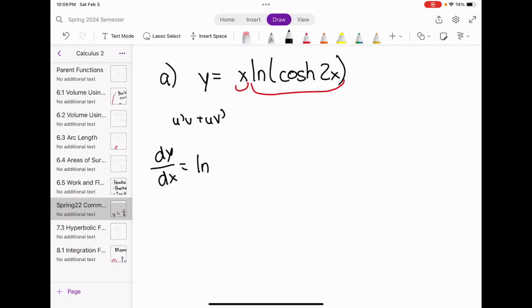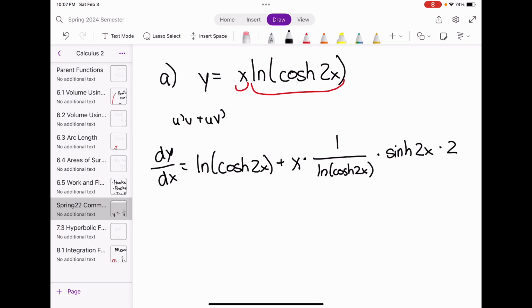So dy over dx is equal to, so the derivative of x, actually I think I could just rapid fire this part. So cosine h of 2x plus x, and now it's going to be a little bit of chain rule, so you got 1 over hyperbolic cosine of 2x times sine h of 2x times 2.